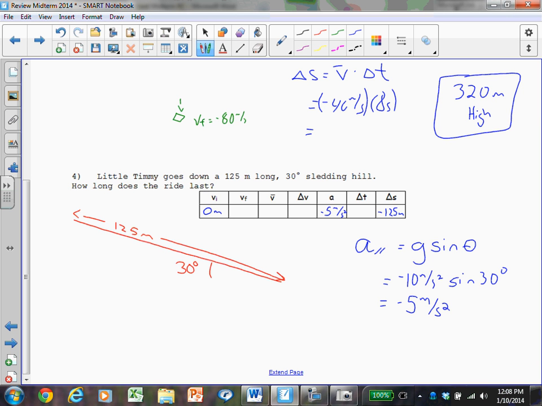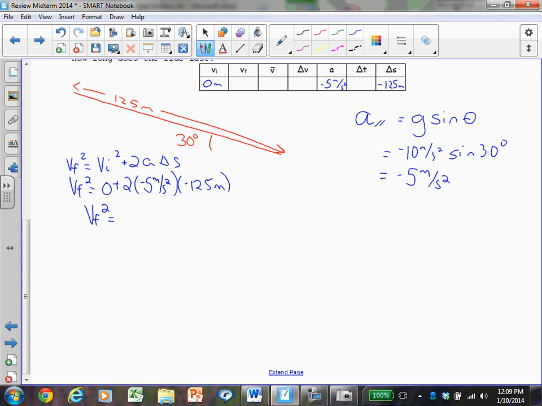Okay, so now we have all that, and we could solve as we have done many times before. We could use our V final squared equation. Two times 5 times 125. 1250, right?